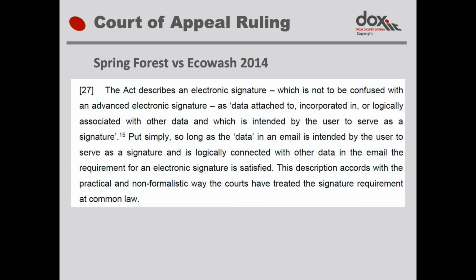Put simply, so long as the data in the email is intended by the user to serve as a signature and is logically connected with other data in the email, the requirement for an electronic signature is satisfied. This description accords with the practical and non-formalistic way the courts have treated the signature requirement at common law.